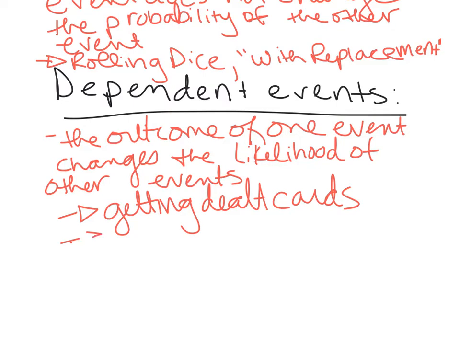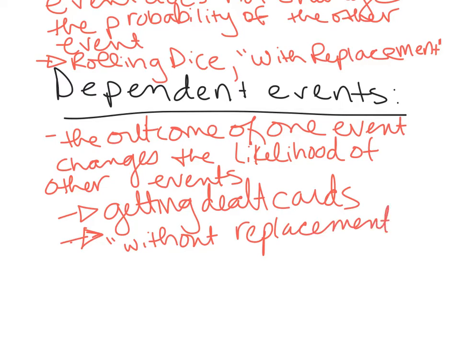Anything that happens without replacement, and really anything where when the first event happens, it's going to change the likelihood of the second event.